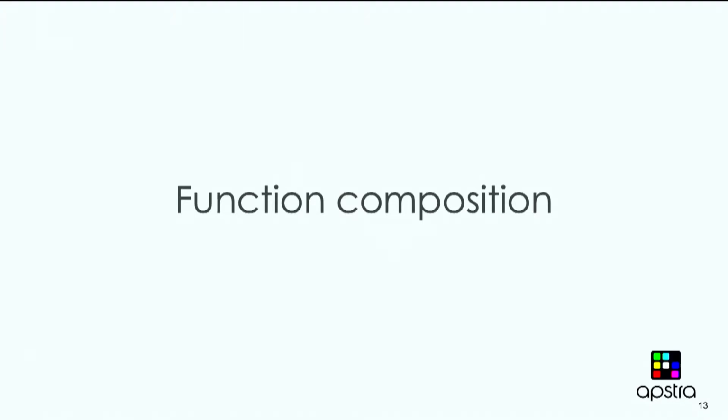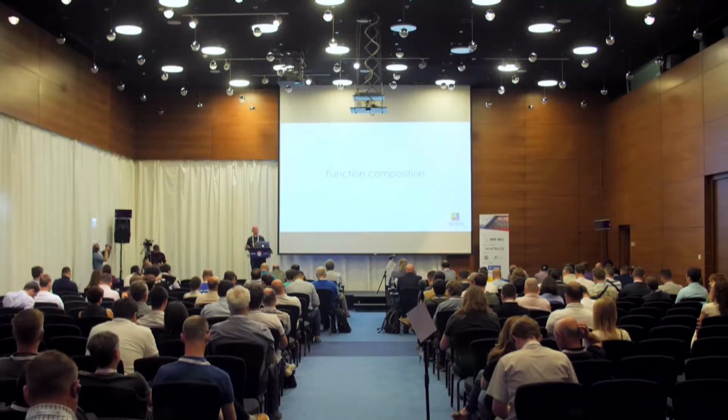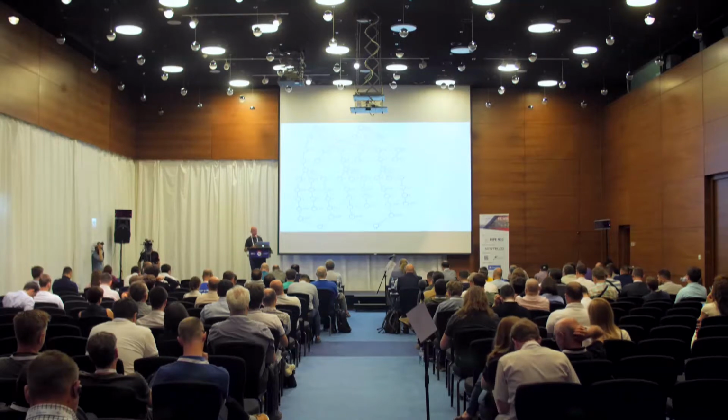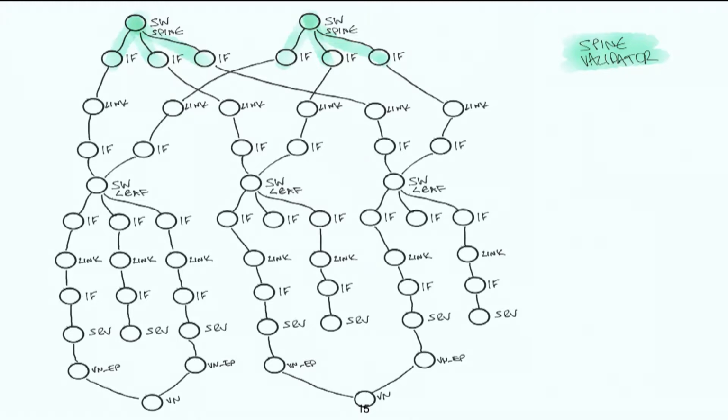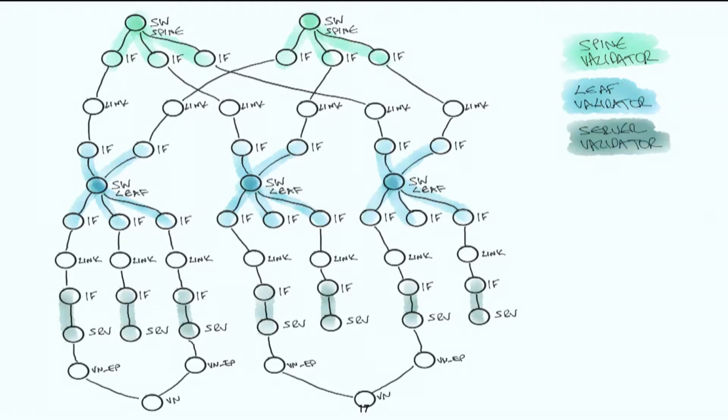How do we compose it functionally so we can go into the build phase and build a network? This is all the nodes on your graph. We take a spine layer, we validate it. We take a leaf layer, and again we validate it with particular semantics. We take the host layer, and again we validate. So far we've got 3 layers that are not connected.